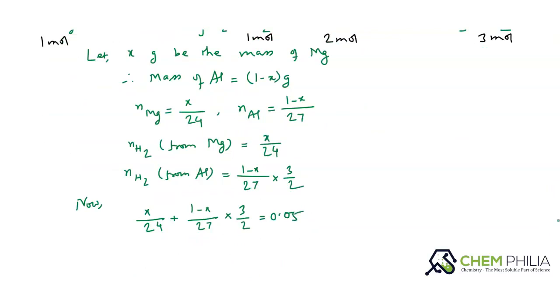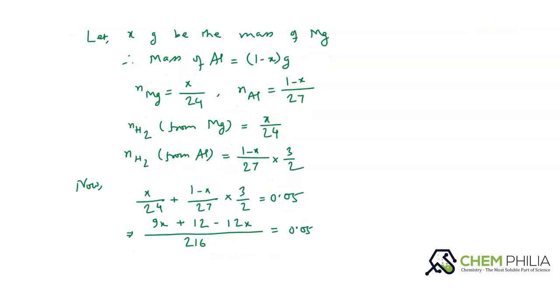Now how to solve this? First we have to take the LCM. It will be 216, so it's 9x plus 54. 4 means 12 minus 12x is equal to 0.05, right?